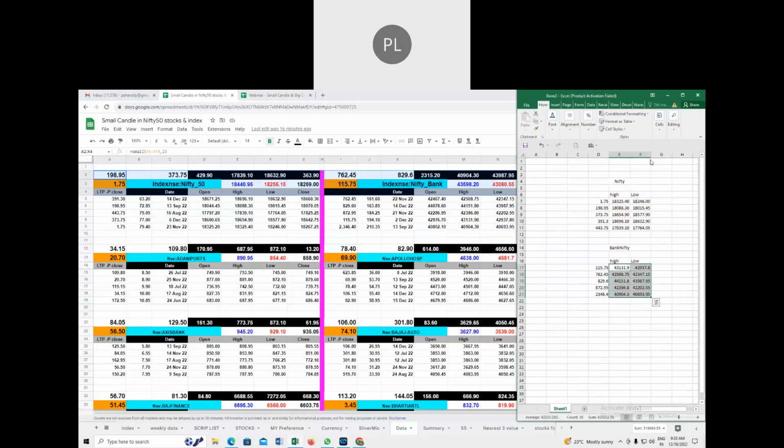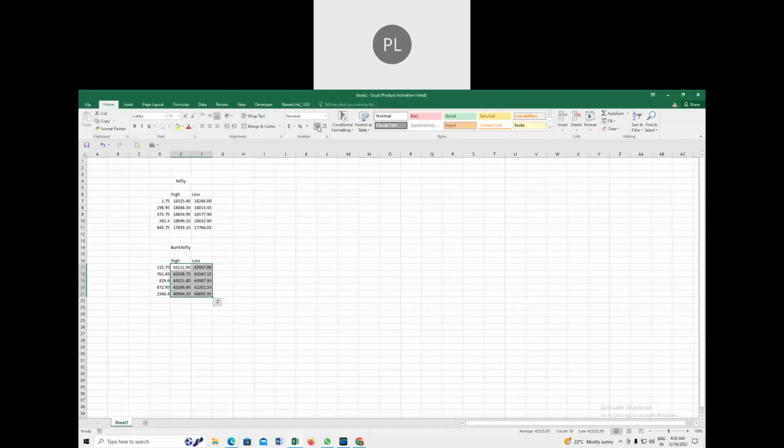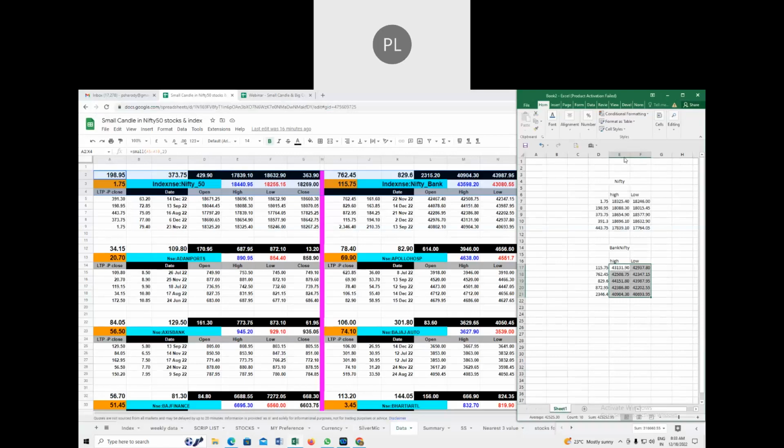So we have identified all the values in such a way that we have to mark this in our charts. Now let us go to the chart and mark these lines.